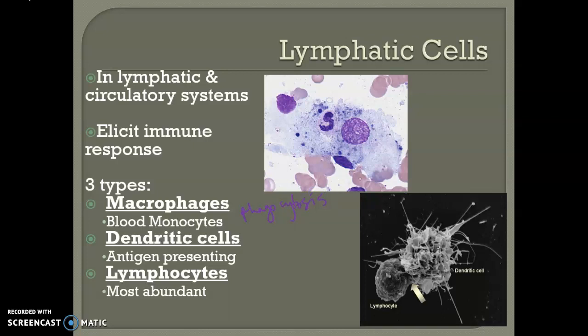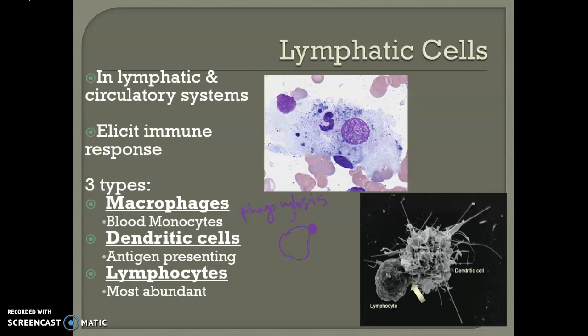Many of these macrophages may present antigen to other lymphatic cells. Meaning, let's say this is a macrophage, and the macrophage finds something. It finds a foreign something. So the macrophage will pick up the foreign material and will present it to other lymphatic cells, telling it, I found this, do what you want to do with it.